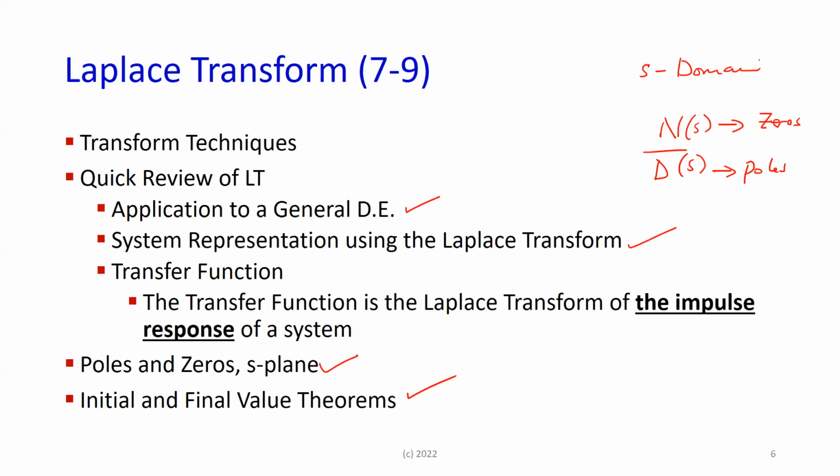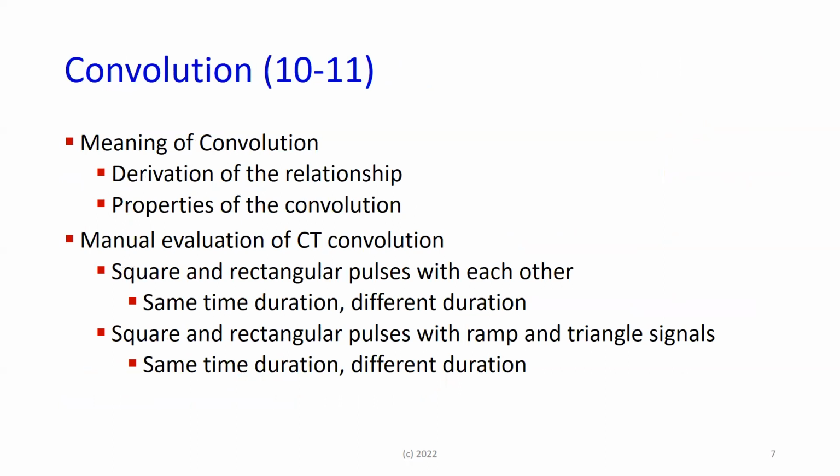Then after we did that, we went on to spend 2 lectures talking about something called convolution. First off, what was the meaning of it and the derivation of the relationship?